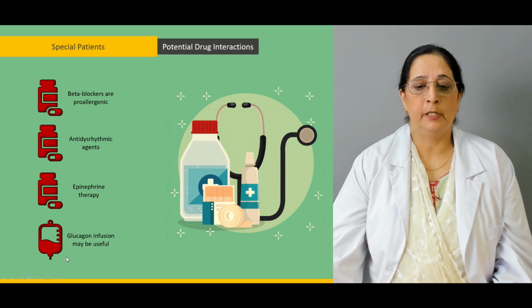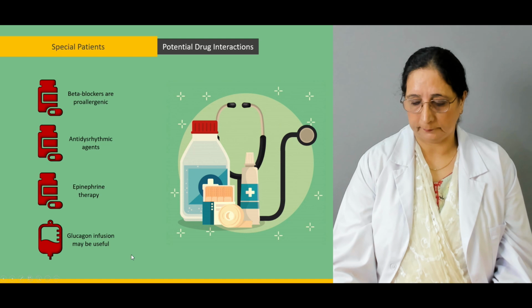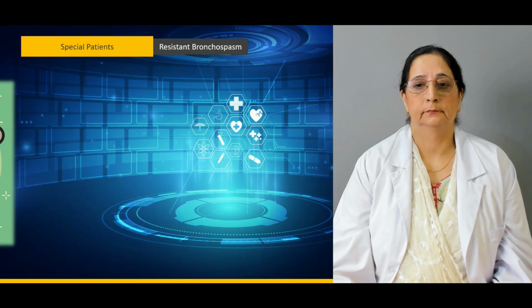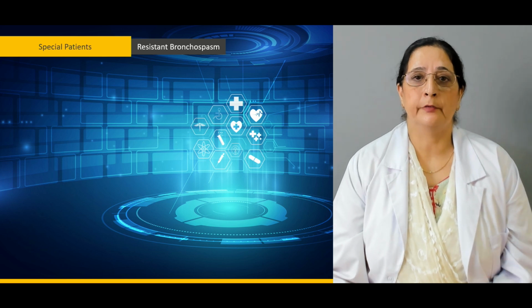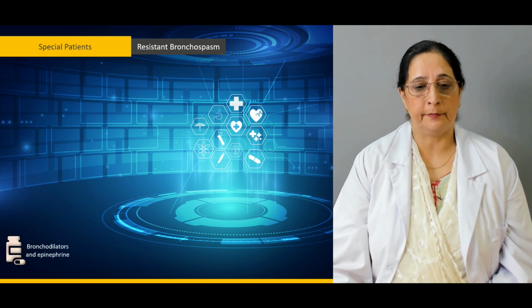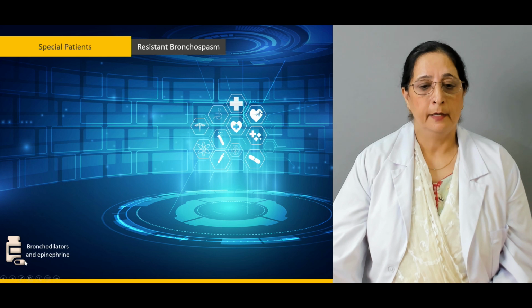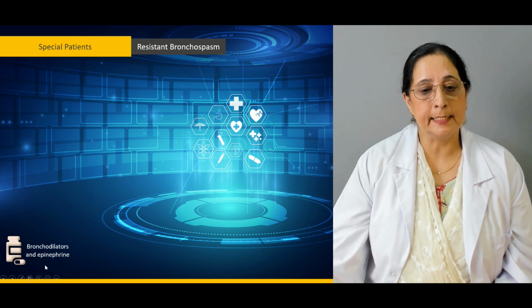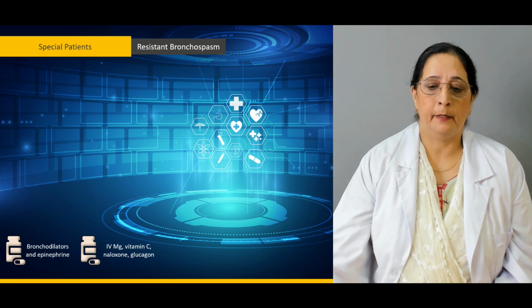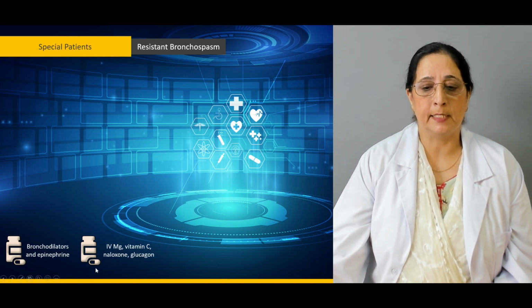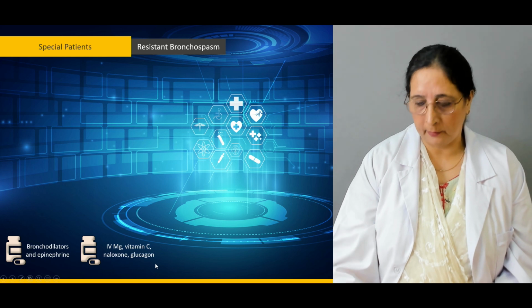Glucagon infusion may be useful. Resistant bronchospasm: if the patient has resistant bronchospasm and it's not getting better, we need bronchodilators and epinephrine, IV magnesium, vitamin C, naloxone, and glucagon.